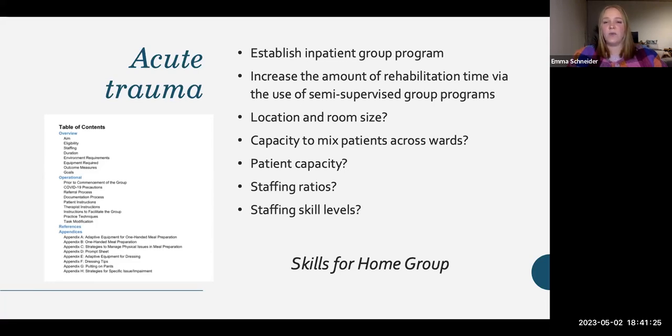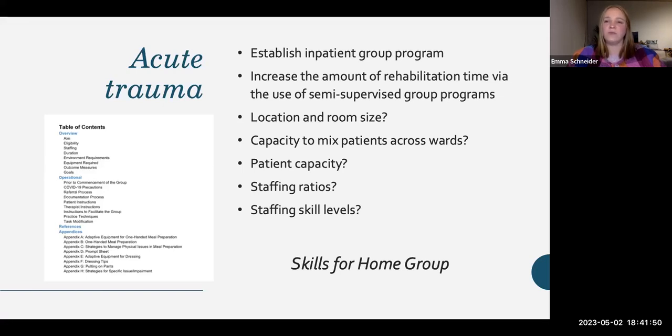We actually did some audits of who would be suitable to participate in a group. We had to identify what criteria that might be. Initially we got it wrong, and then we realized that if we changed it, we had to think about other aspects. We really looked at staffing ratios and staffing skill levels, and we developed a skills for home group where people could come in to do upper limb exercises.